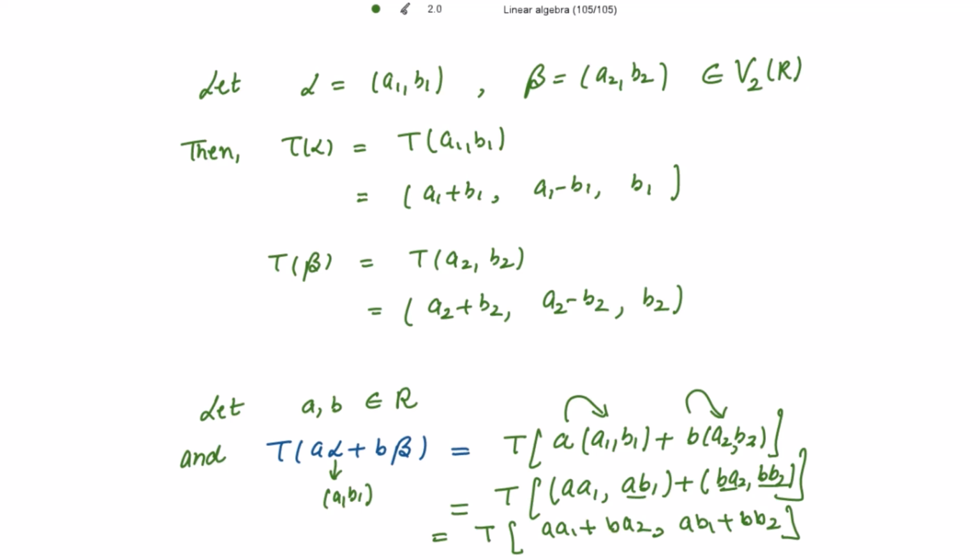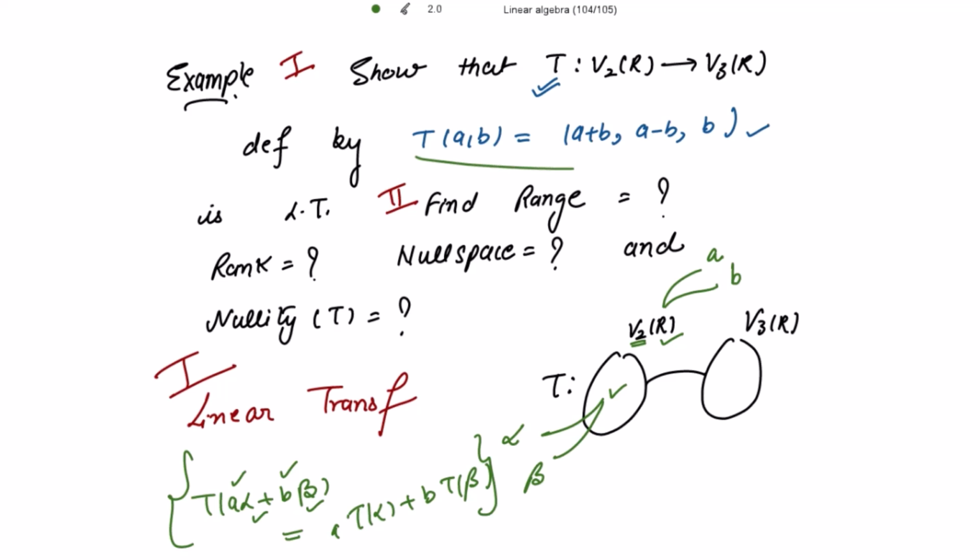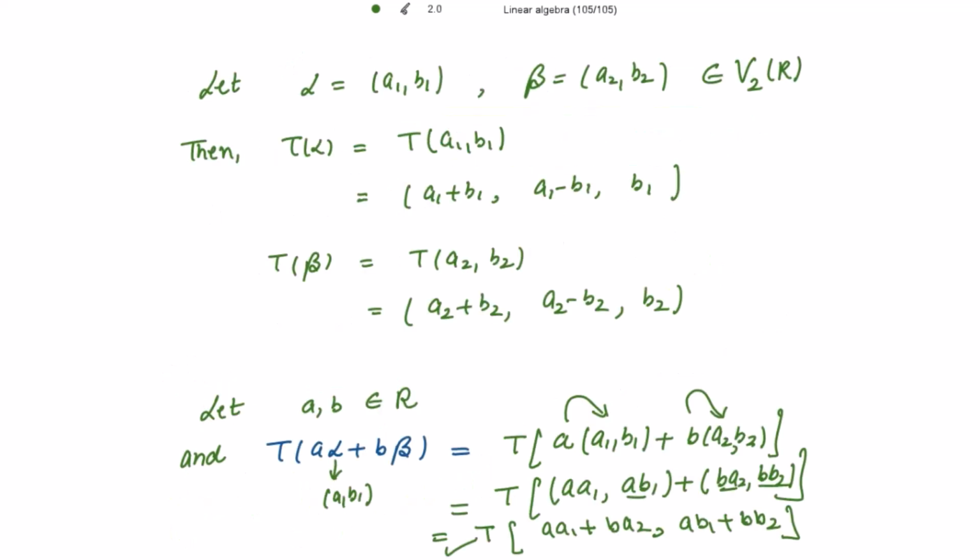Now I am applying the definition of this T. So first we need to sum up these two elements, then we take the difference, then comma the last one. So the first element is the sum of these two, a a1 + b a2 + a b1 + b b2.